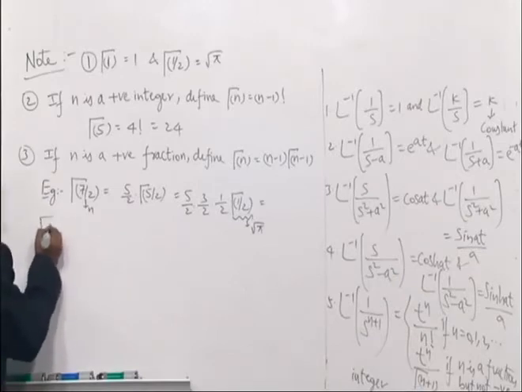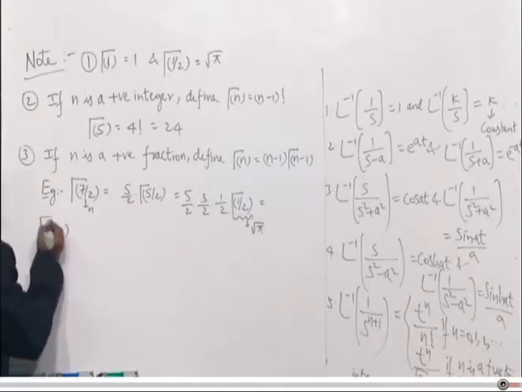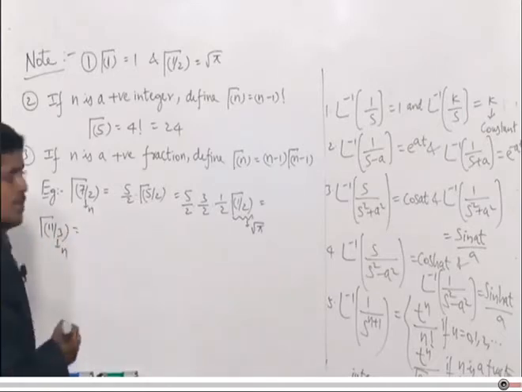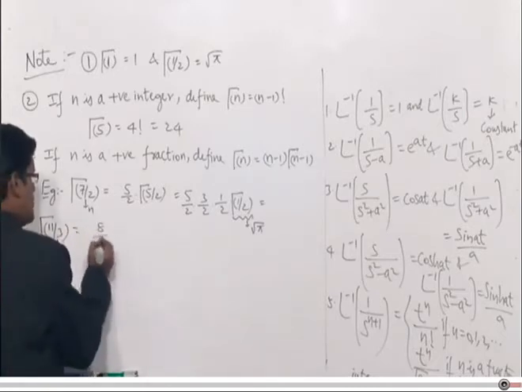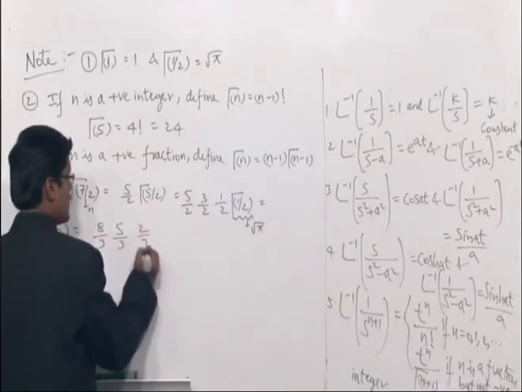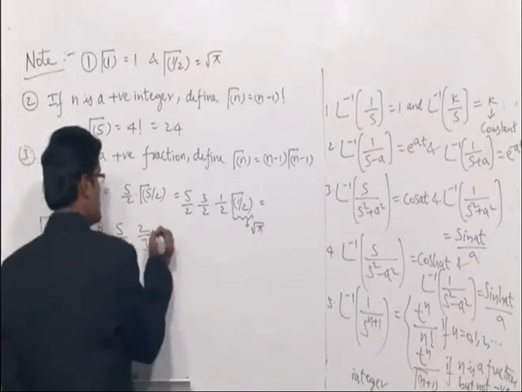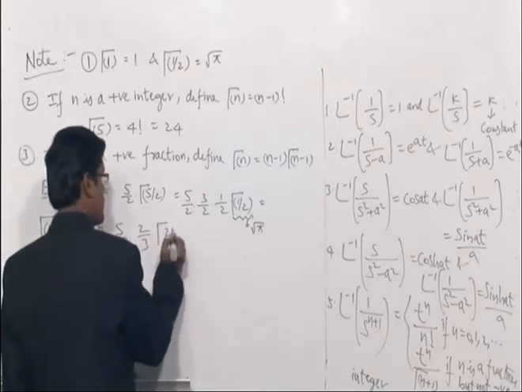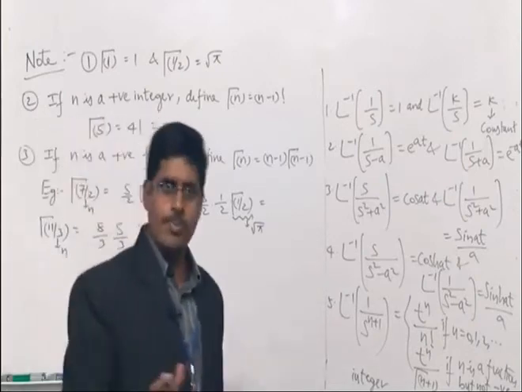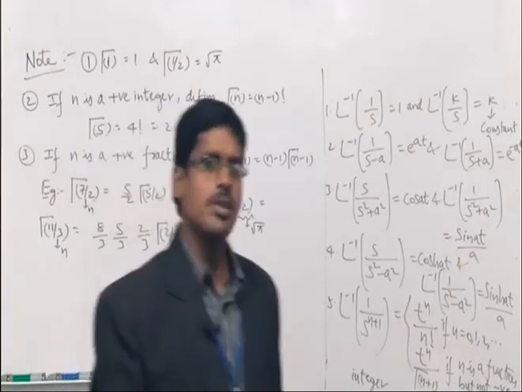Similarly, see, 11 by 3, this is your n. Okay. Subtracting 1 continuously, first one is 8 by 3, next subtracting 1, 5 by 3, next 2 by 3. 2 by 3 is a proper fraction, multiply by its gamma, and we don't know the gamma 2 by 3 value. They will provide it, or in gamma table books it is available.